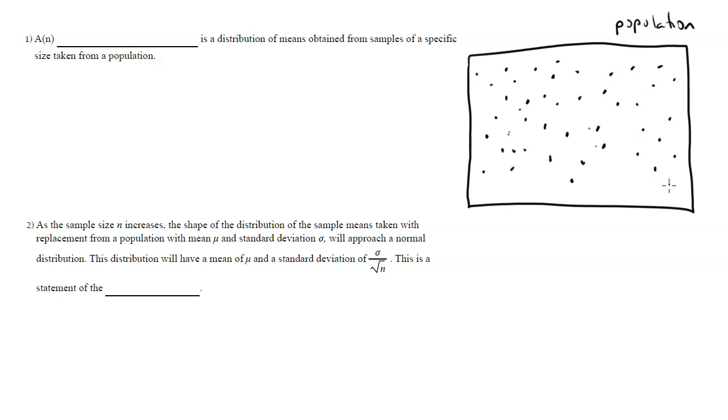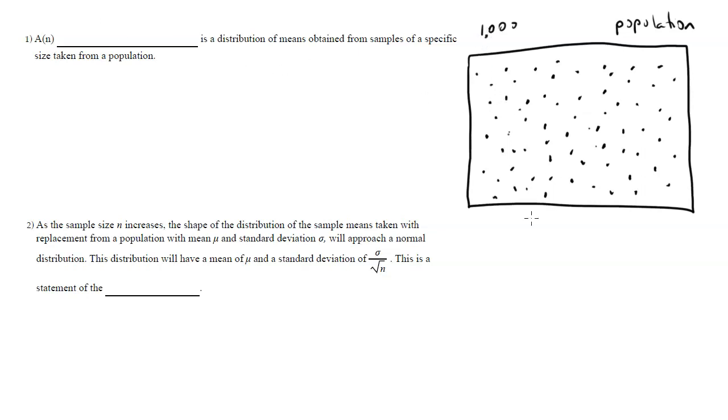These are all people, things, elements within my population, right? So let's say in my population, I have 1,000 people within that population, right?